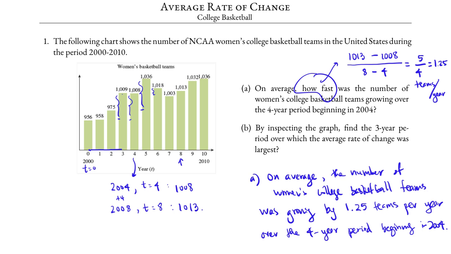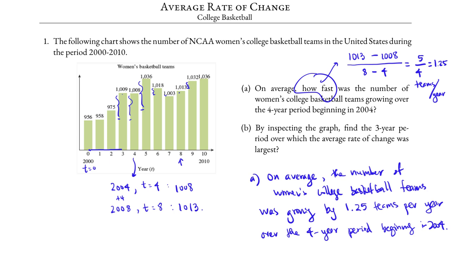Essentially, we take the height in 2003 and then we subtract it from the height in 2006. And then from 2004 to 2007, it is decreasing. 2005 to 2008, decreasing. And then 2006 to 2009, it increases this much.